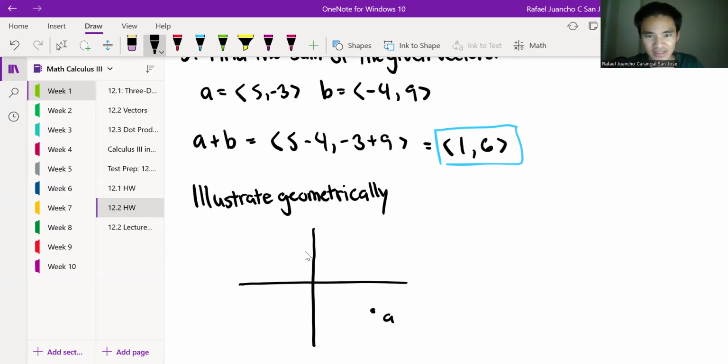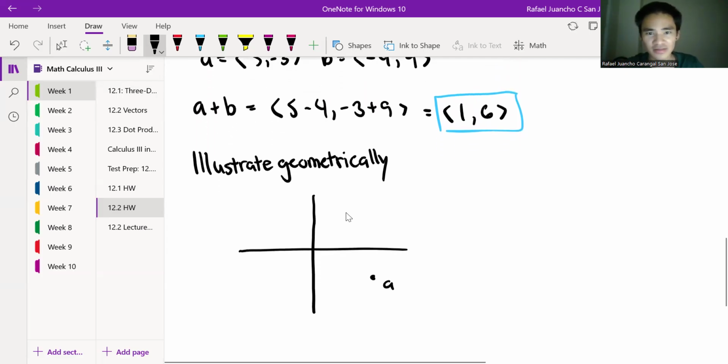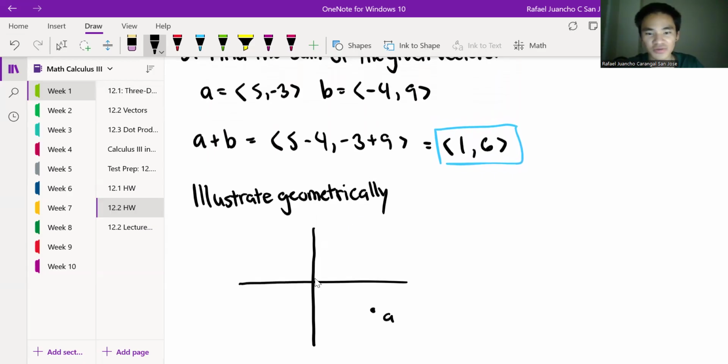And note that this comes from origin, right? So it goes to the right by 5, because this is change in x, and change in y, and it goes down 3.